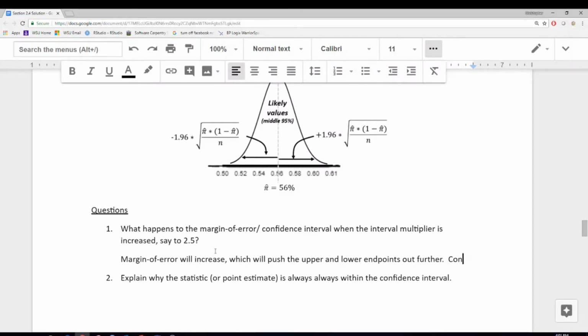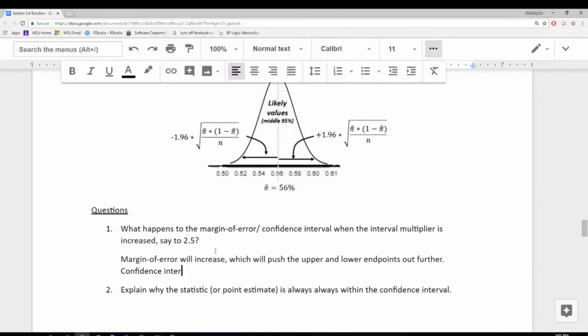The confidence interval would contain the middle, say, 99% or so, instead of the middle 95%.